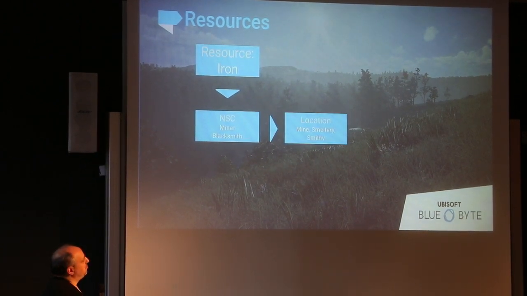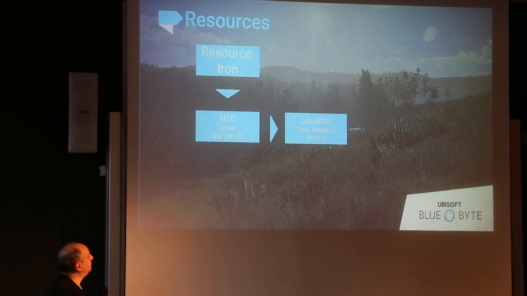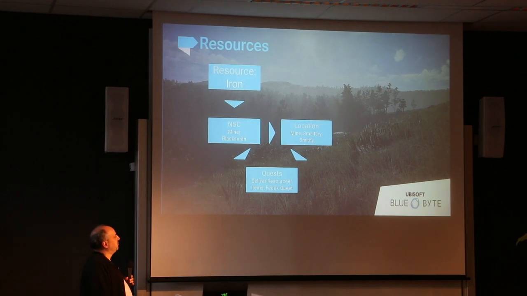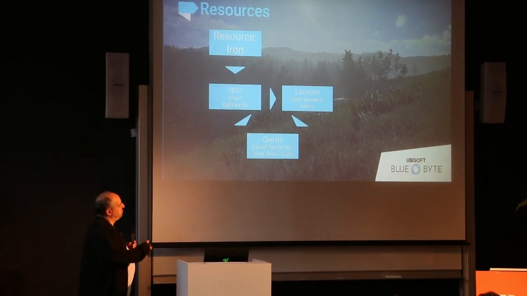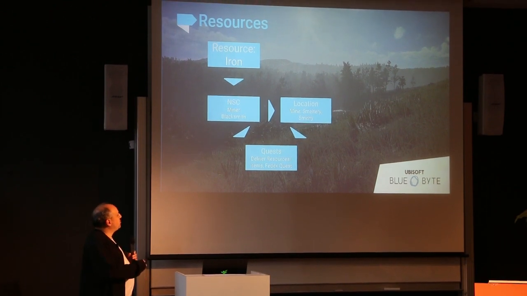Now, that NPC needs to spawn somewhere, so I think about either putting that guy in a mine or in a smeltery or in a smithy. And then I can actually create quests based on exactly these, on the location and on the NPC type. And by having the resources combined with that, I can already choose what type of quest I would like to generate for that.